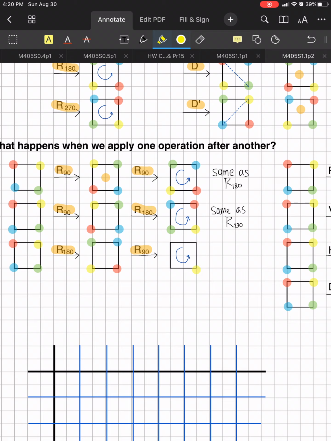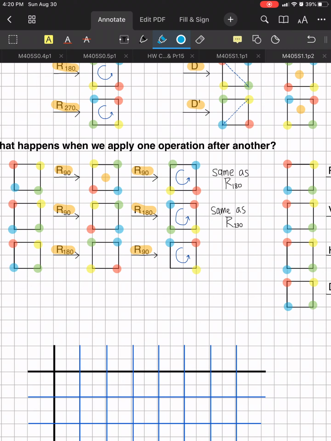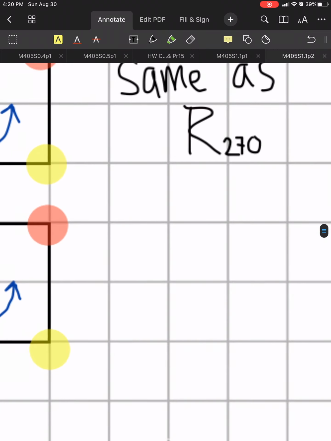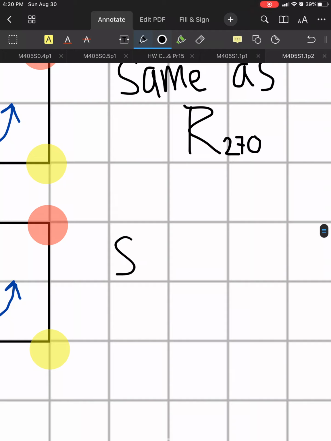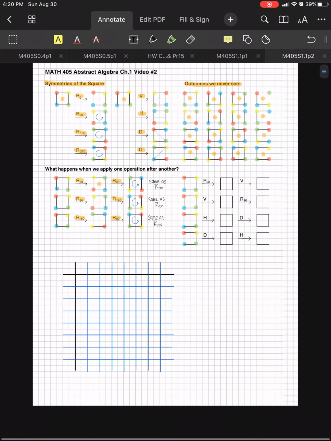Yellow moves to the right. Pink moves up. Blue moves back. Green moves down. And again, here we also find this one is the same as R 270. So that is what we find there.